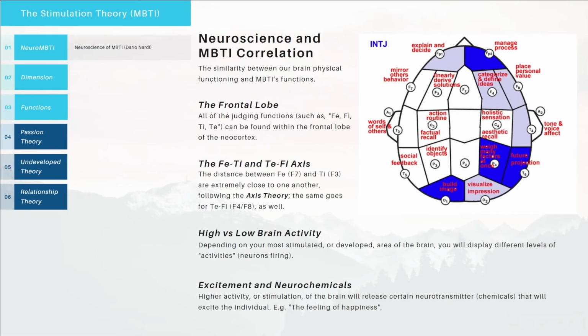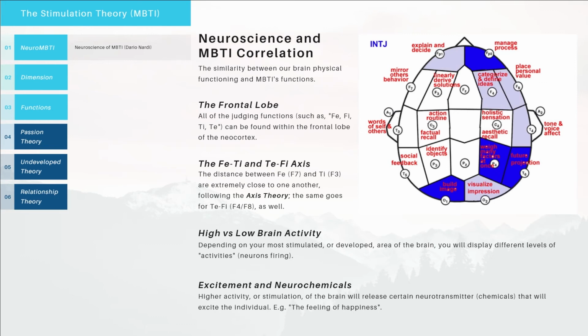So if you look at the excitement and neurochemicals, we can tie this understanding of high versus low stimulation into excitement, happiness, and joy. Why do we use our dominant function so much? Why do we enjoy using it so much? There could be a strong correlation to those neurons firing more, like well-developed muscles in your body.